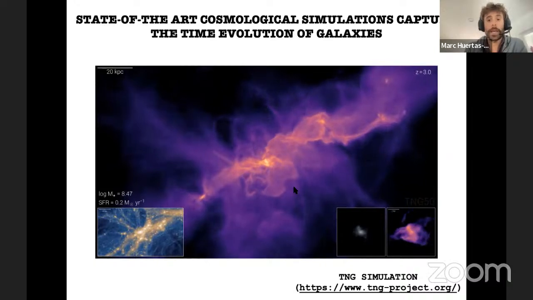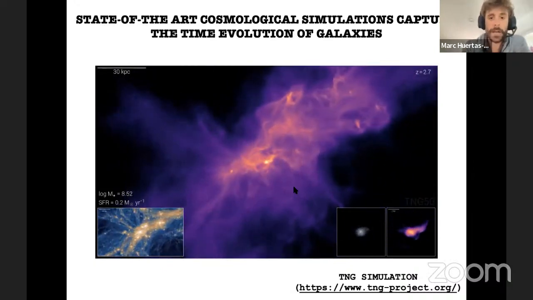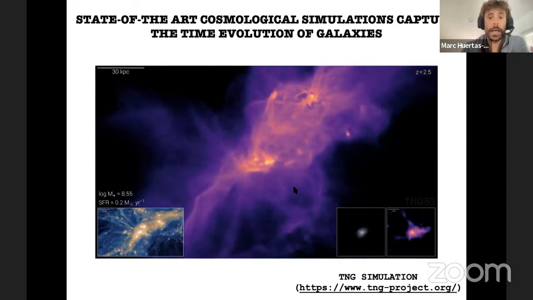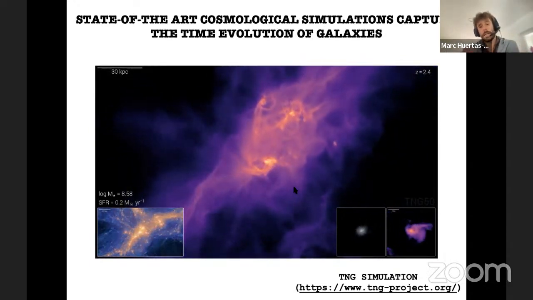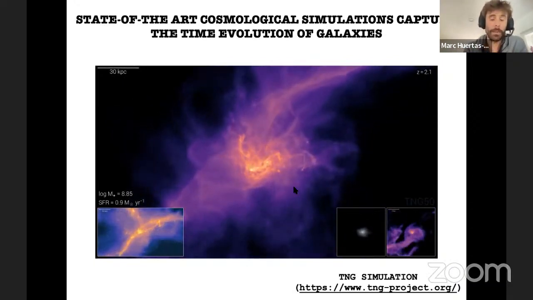And we can make galaxies evolve across time and follow how these different quantities change. And so basically we can have a movie of how things assemble.